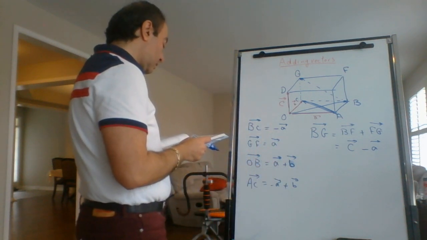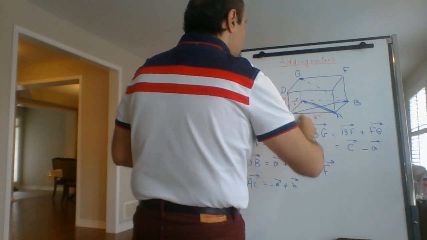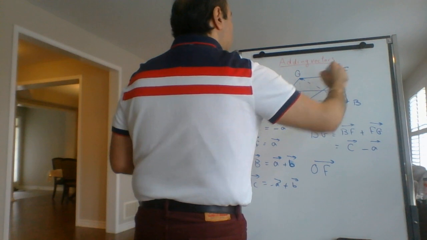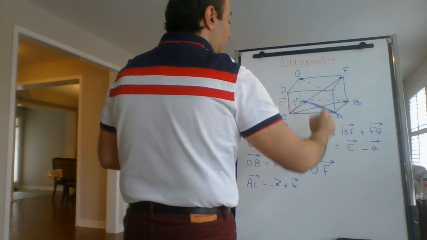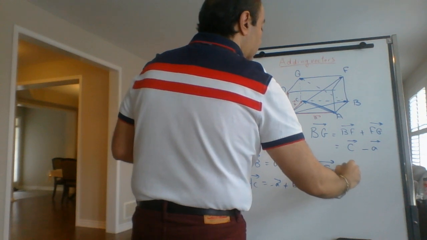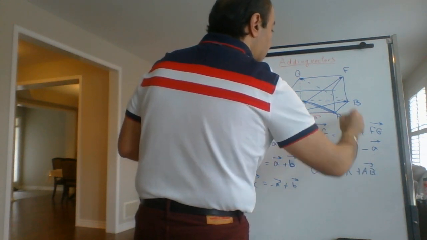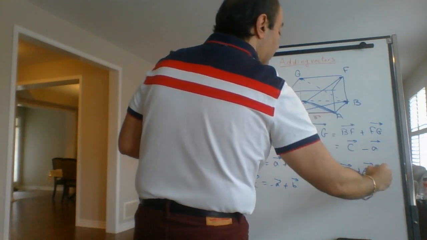Okay, the last thing is vector OF. It is this vector that connects O and F. So I can go this way, OA plus AB plus BF.